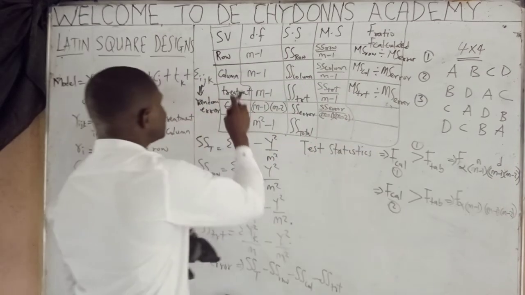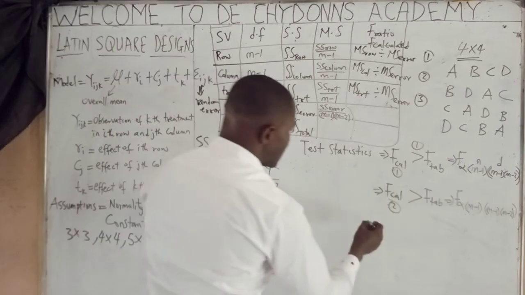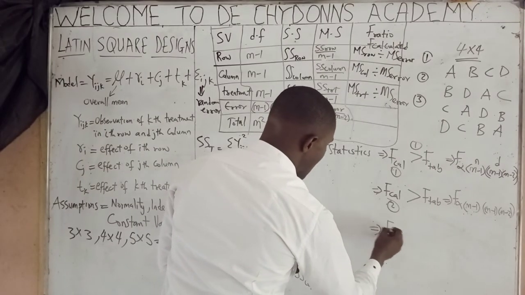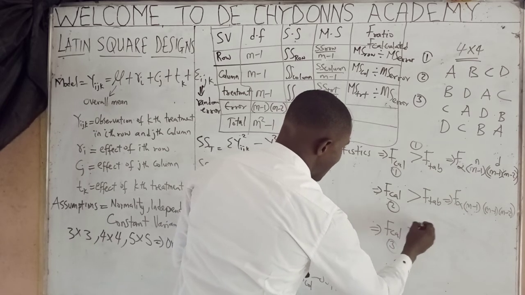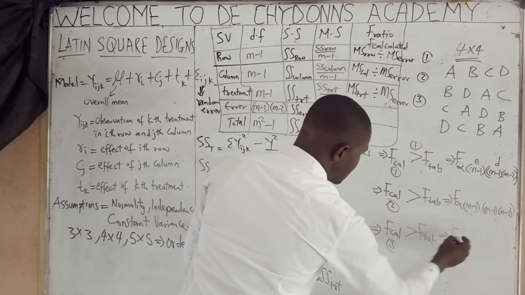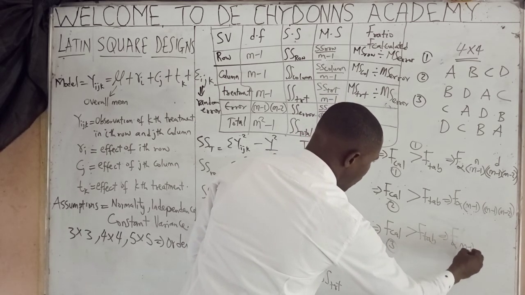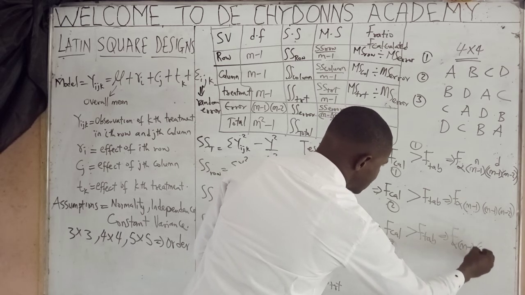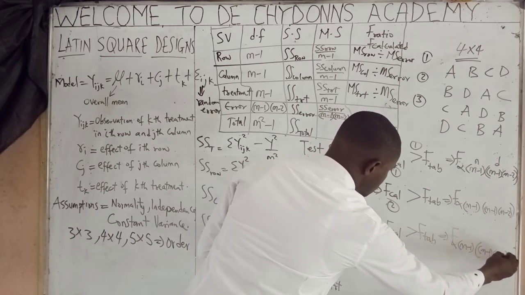You are testing it against the error you have. Then the next one is F calculated, the third one. You ask, are you greater than F tab? Now F tab is F alpha M minus 1 bracket M minus 1 M minus 2.